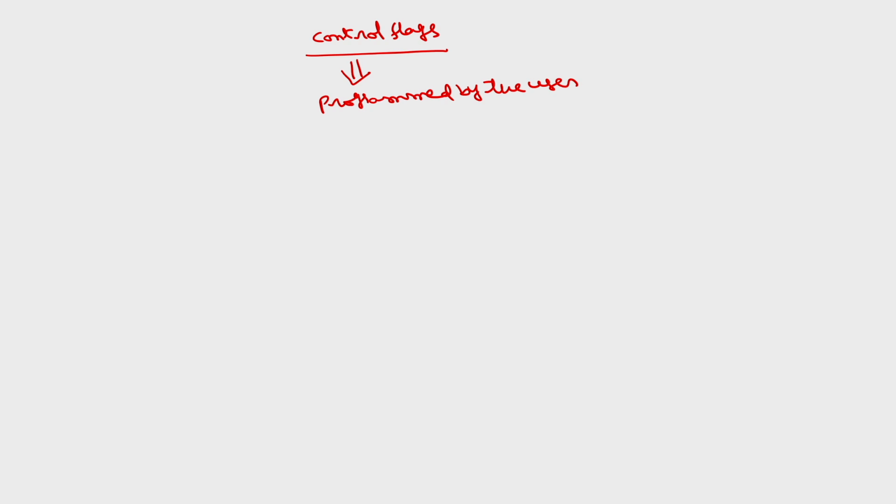So, the first control flag is the direction flag. If the direction flag is set to 1 by the programmer, there is an instruction for setting the direction flag.